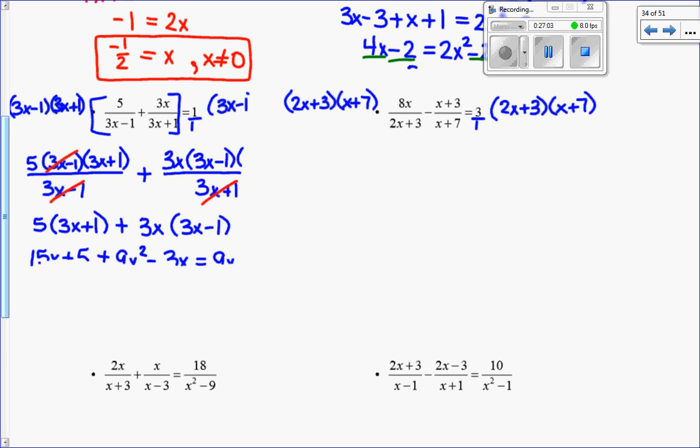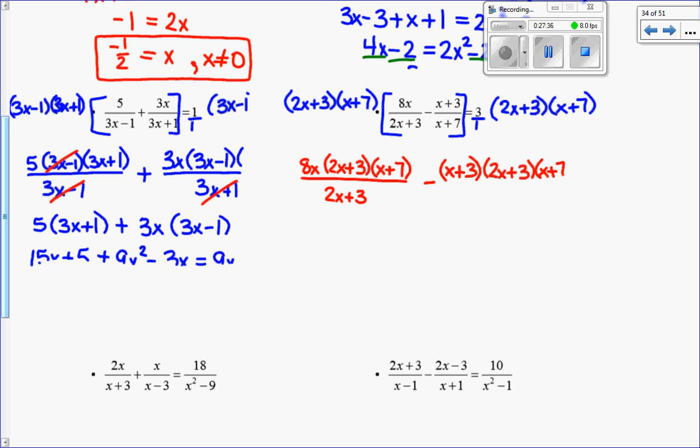Now when I do that, I have to remember that it's this whole side that I'm multiplying by both of those things. So I've really got 8x times 2x plus 3 times x plus 7, and that's all over 2x plus 3, minus x plus 3 being multiplied by 2x plus 3 and x plus 7, and that's all over x plus 7.